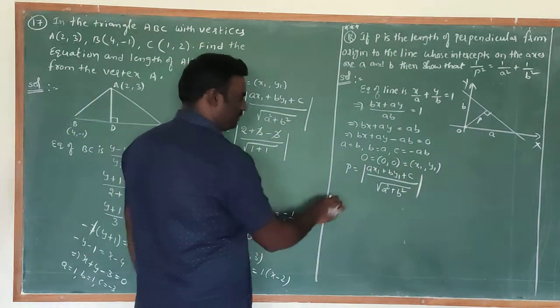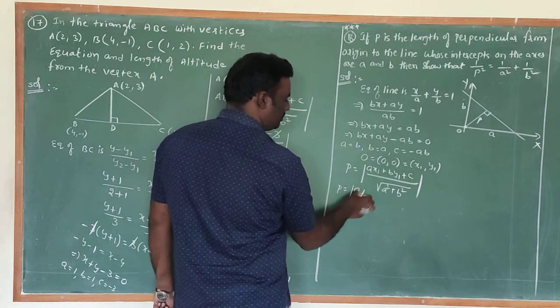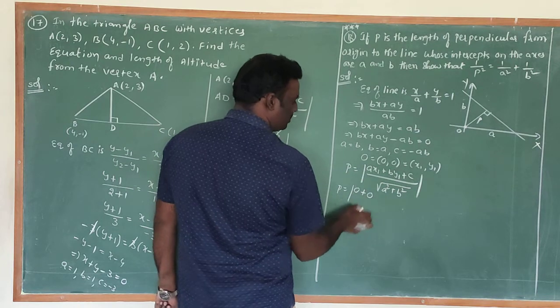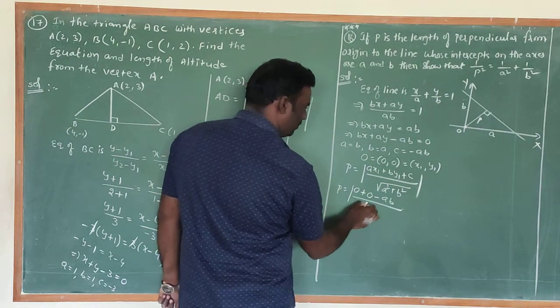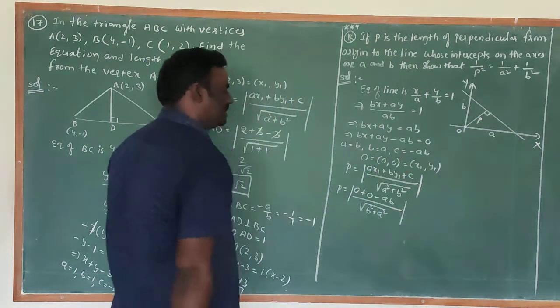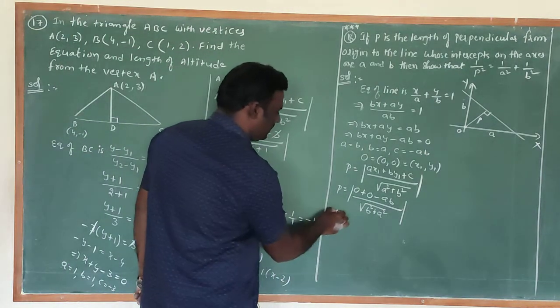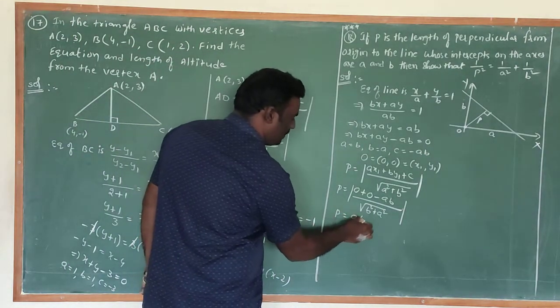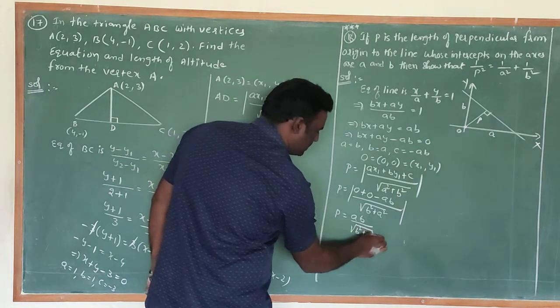Now substitute: b into 0, a into 0, plus c, minus ab, by under root of b square plus a square. In modulus, any negative value we can write as positive. That's why P is equal to AB by under root of B square plus A square.